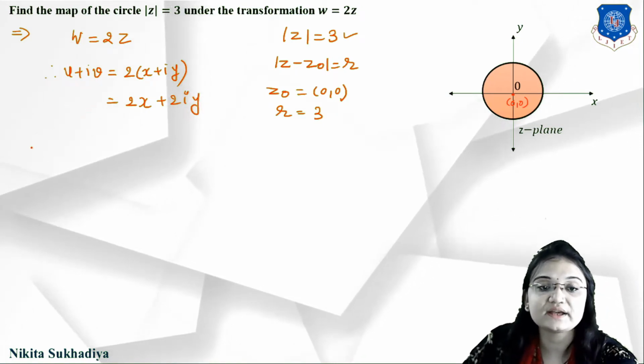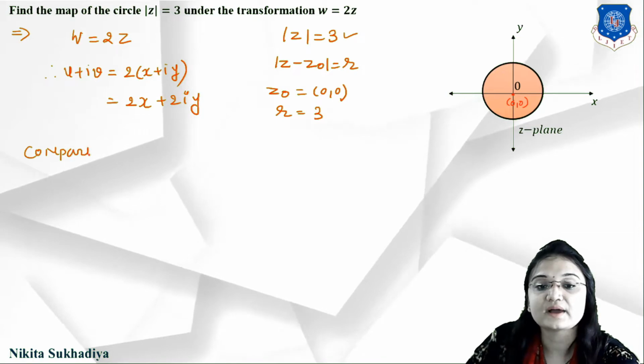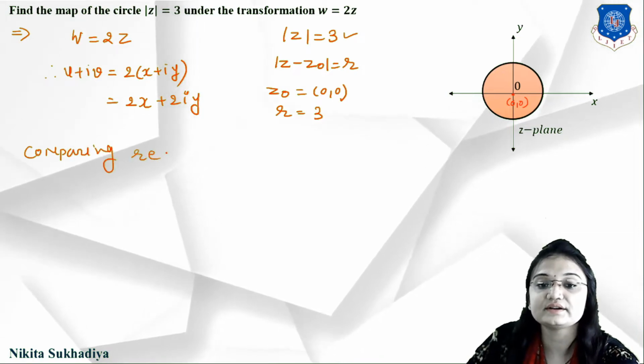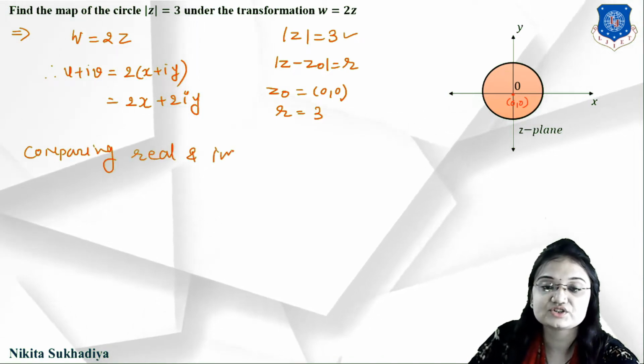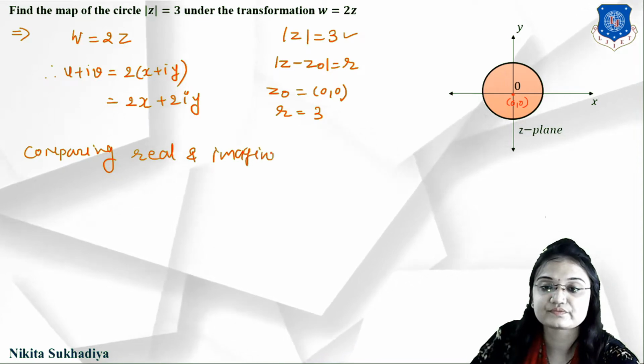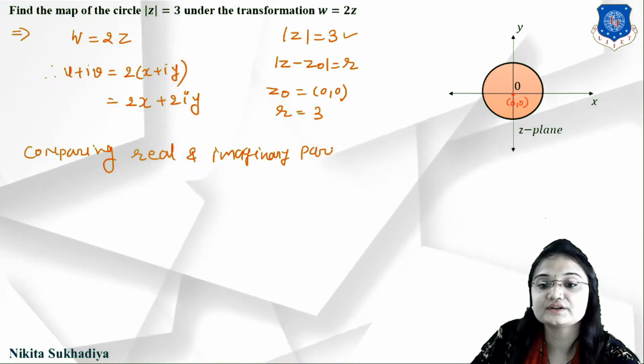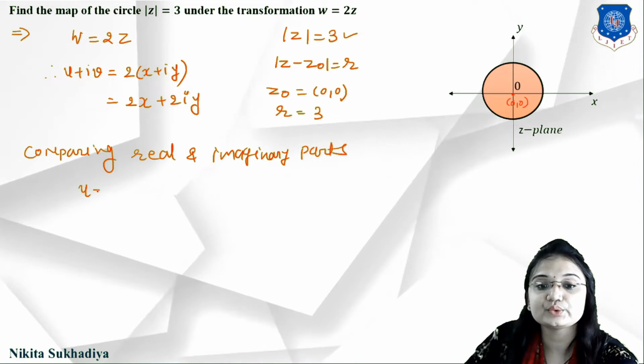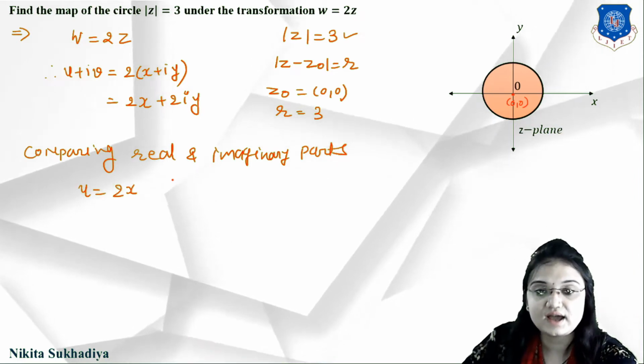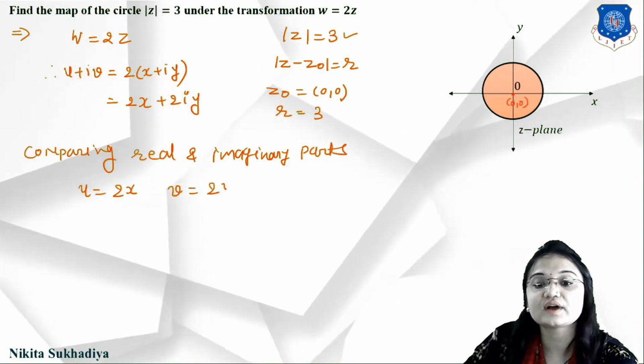So by comparing real and imaginary parts, we will get u is equal to 2x and v is equal to 2y.